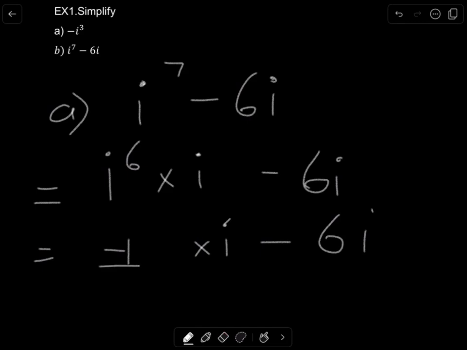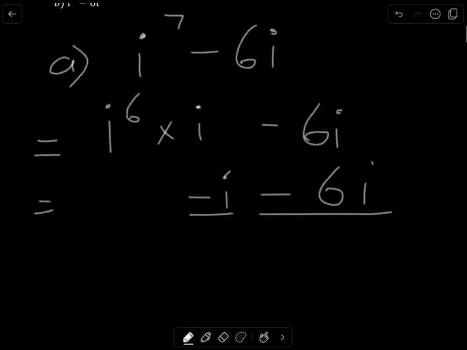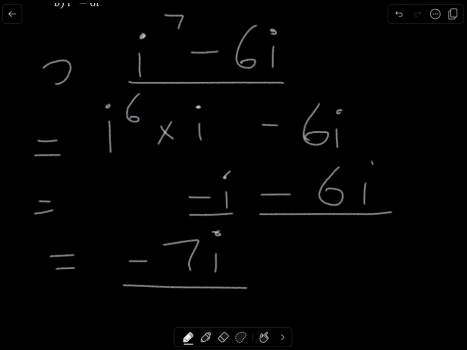So we have minus 1 multiplied by i, that's just negative i. So we have negative i minus 6i, that is going to be minus 7i. So i to the 7 minus 6i is equal to minus 7i. That's how we simplify expressions involving the imaginary unit. This was question B.